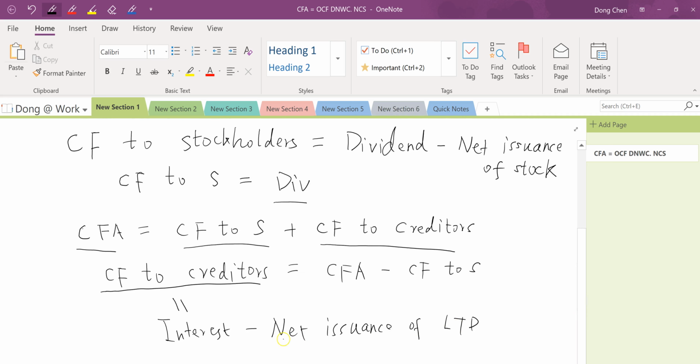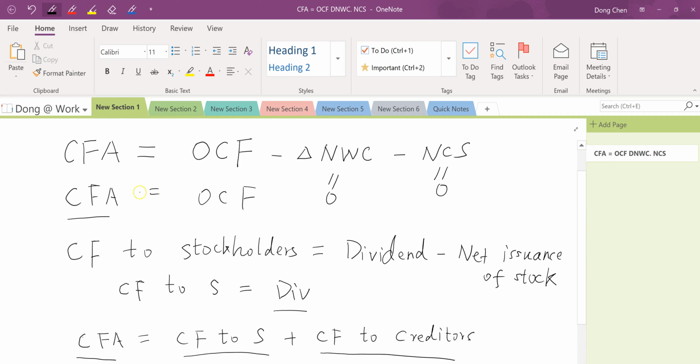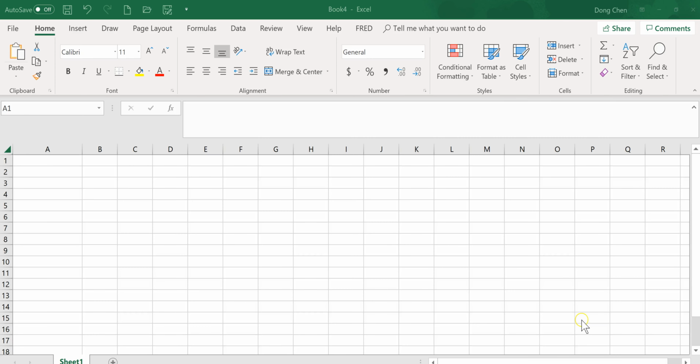I want to figure out the cash flow to creditors, and for that I need cash flow from assets and cash flow to stockholders. To get cash flow from assets, I need the operating cash flow, because they are equal here. That's why I start from the income statement.